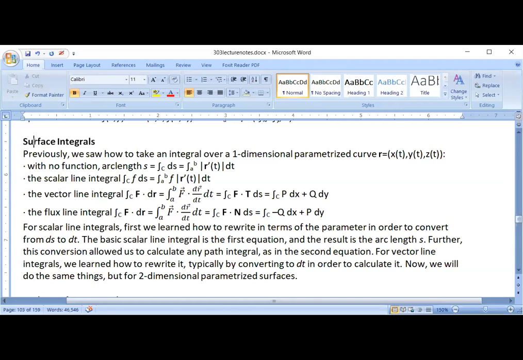In other words, if you write out the dot product. And that sort of represented some sort of flow along the curve. It could also represent work done by some force field F along the curve from starting point to ending point. We also looked at the flux line integral, and that was just sort of the same thing, but in the perpendicular direction.